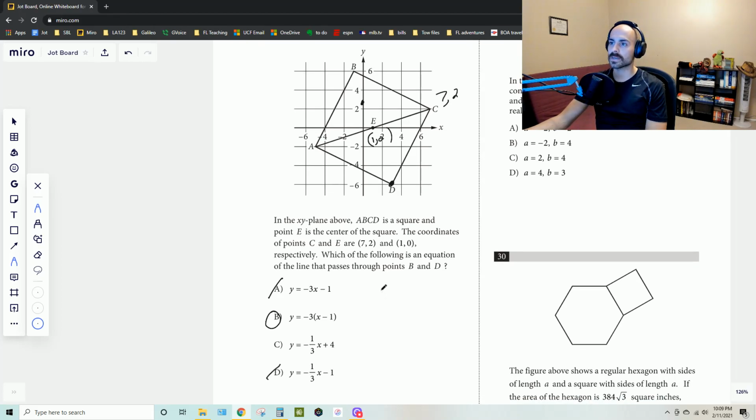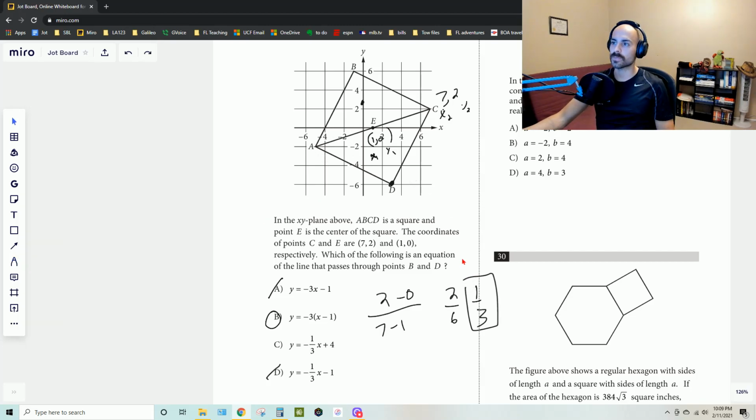Let's label this as our x1, y1, and our x2, y2. y2 would be 2 minus 0 over x2 minus x1, so 7 minus 1. And we end up with 2 over 6, which is 1/3. And that is the slope of this line here.